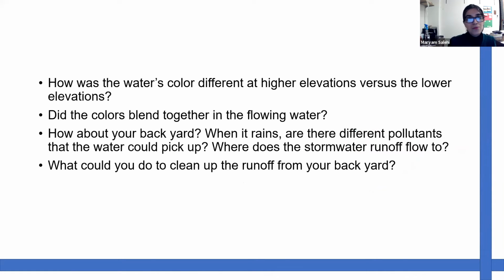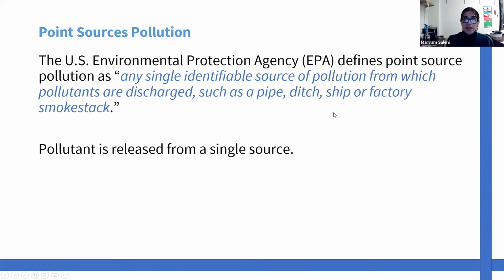There are some questions and discussion to follow up this activity. When we are talking about the pollution that's caused by stormwater, we have point source pollution and non-point source pollution. For point source pollution, there is a single identifiable source that is releasing the pollution.